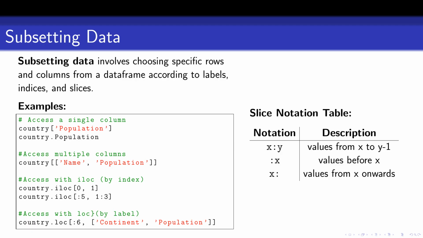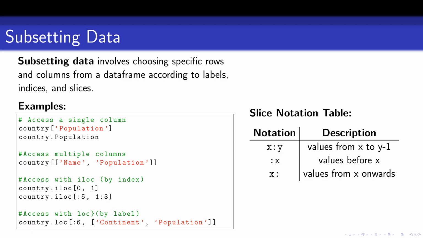When working by position, use .iloc to access rows and columns by index, such as df.iloc[0, 1] or df.iloc[5:13]. For label-based access, use .loc, which allows you to select rows and columns by their actual labels. An example would be df.loc[:6, ['continent', 'population']], which retrieves rows up to index 6 and 2 specific columns.